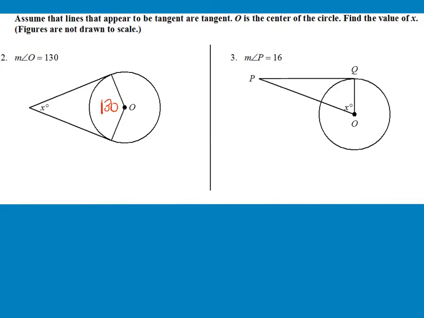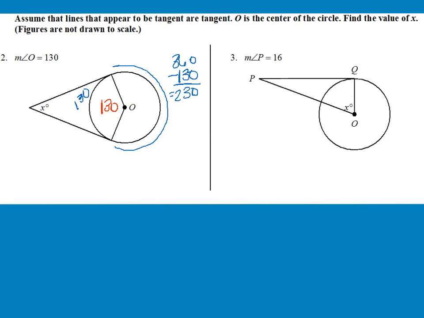This is 130 degrees. Well, since I know that this measure is 130 degrees, and this is coming from the center of the circle, then this arc right here is also 130 degrees, because this is a central angle. So this arc is 130, and I know that a whole circle adds up to 360, so if I say 360 minus 130, I get 230, and that's going to be for this whole arc over here, equals 230.